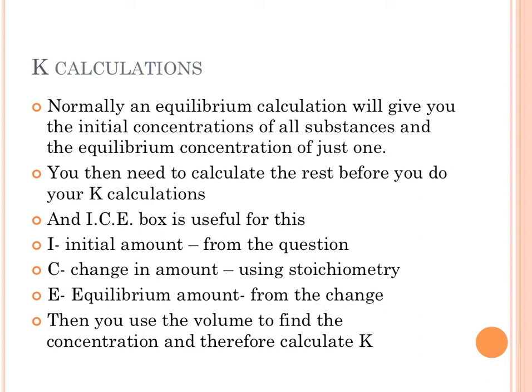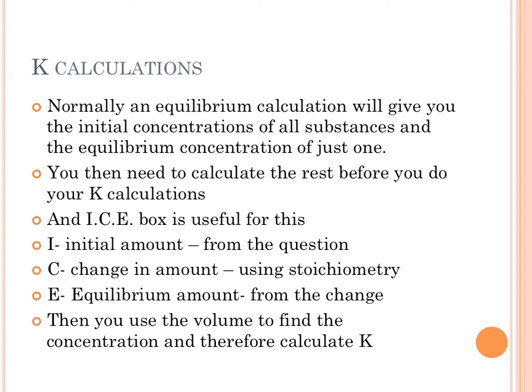If it doesn't mention the products, then you assume their concentration is 0. The other thing it'll normally tell you is the equilibrium concentration of just one thing. You will then need to calculate the rest of what we need to do our K calculation. Basically, we need to know the equilibrium concentration of everything.